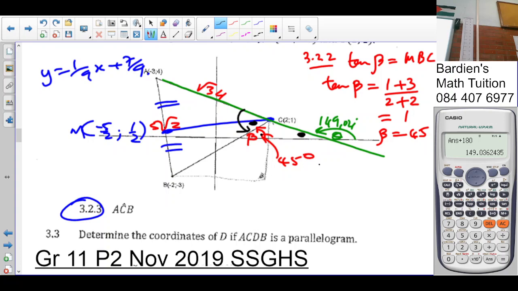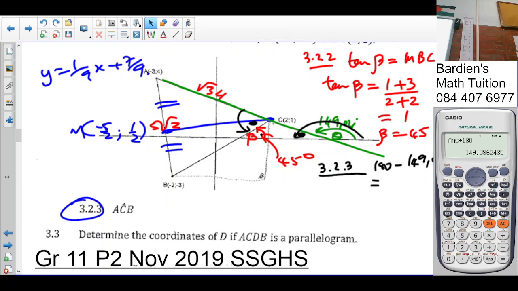How can that angle be calculated? Angles on a straight line. So that angle works out to be 180 minus 149,04. You give me an angle of 30,96 degrees here.